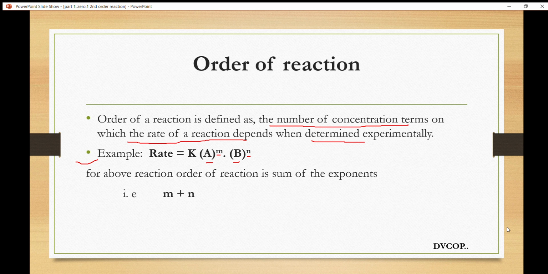Then for this equation, the order of reaction is the summation of these exponents, that is M plus N. Suppose the molar concentration of reactant A is 1 and that of reactant B is again 1, then the order of this reaction is 1 plus 1 equals 2.